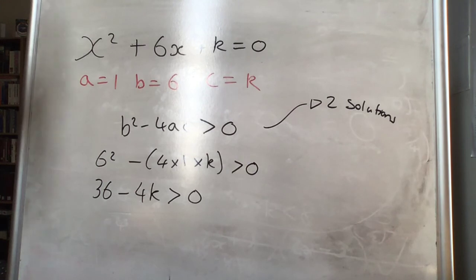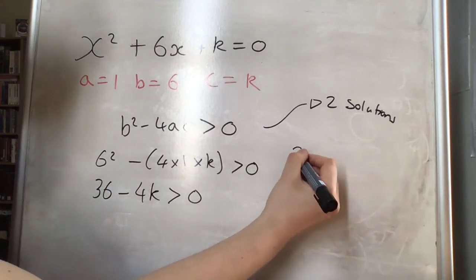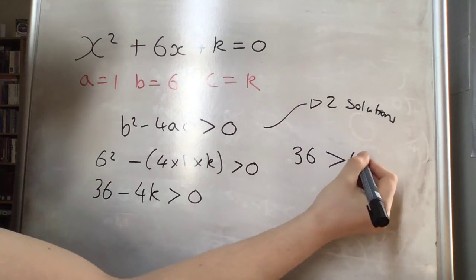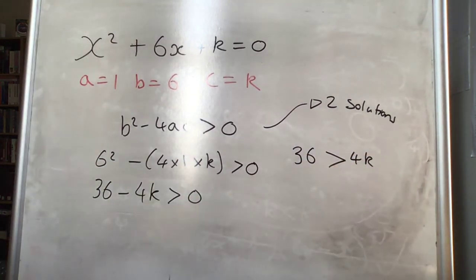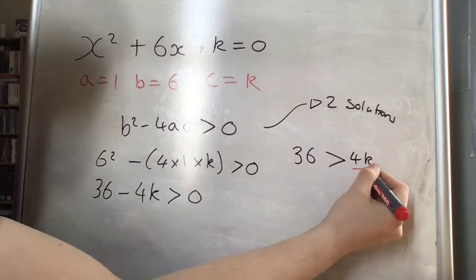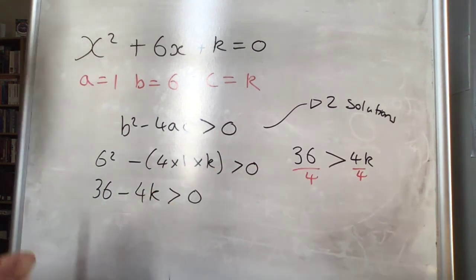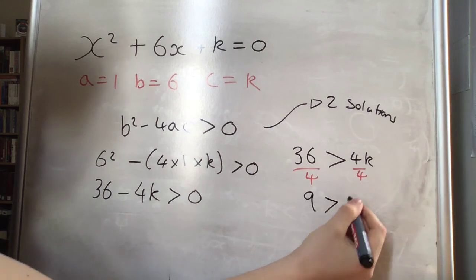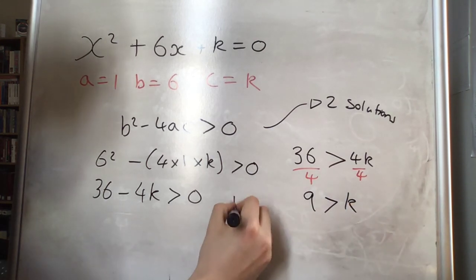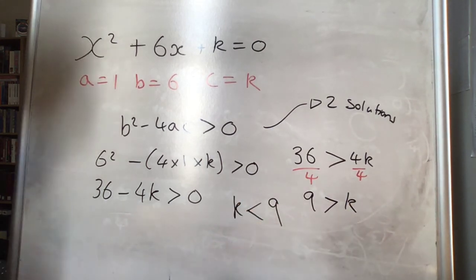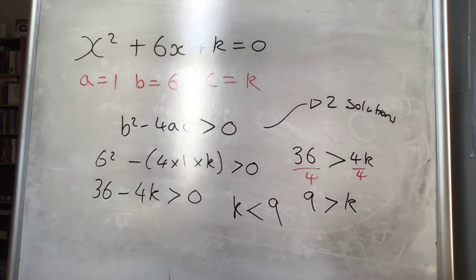And obviously we can then move the 4k to the right hand side to give 36 is greater than 4k. And then if we just divide both sides by 4, that's going to leave us with 9 is greater than k. So k is going to be less than 9. And that's going to give us the values for which x squared plus 6x plus k is going to have two real solutions.